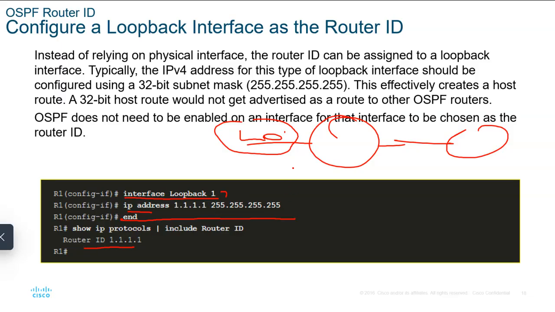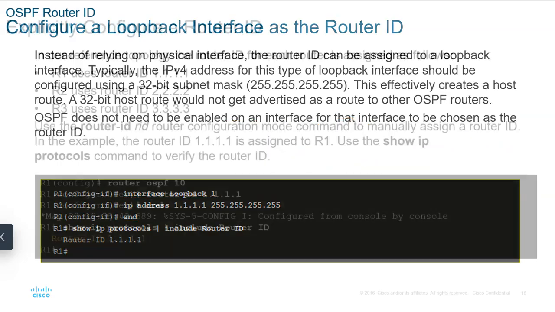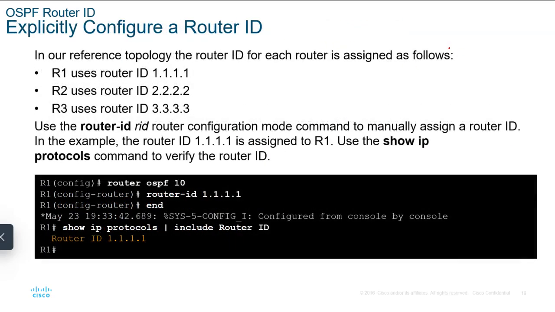But in case there are 2, loopback 1 and then loopback 2, then this one is the highest and it is going to take over. So explicitly configure a router ID.